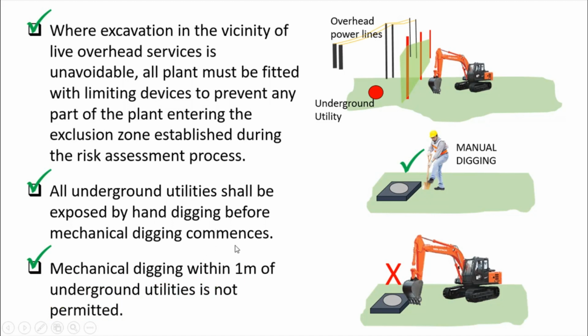Mechanical digging within 1 meter of underground utilities is not permitted. So if you find an underground utility and you want to do mechanical digging, within 1 meter don't allow mechanical digging in that range, because it may damage the underground utilities incidentally, and of course that is a big disaster.